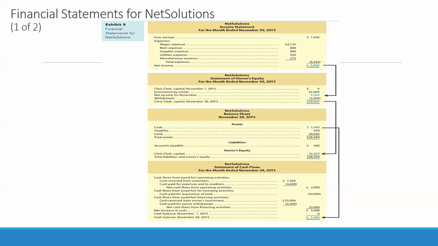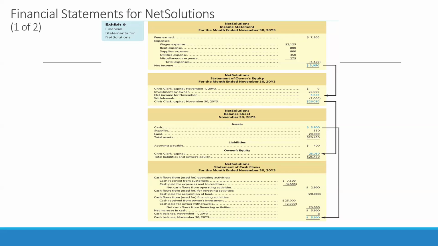The income statement says for the month ended November FY23. That naming convention is important because the balance sheet is a point in time, and all the other statements show changes over time.